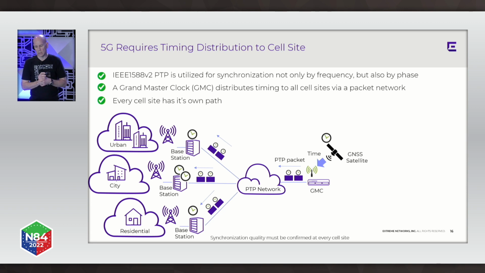What you can see in this illustration is that you have your grandmaster clock, which is a boundary clock responsible for generating the PTP packets, which are then transported over your network all the way to each and every base station or cell site, which means you have a path to every base station through your network.